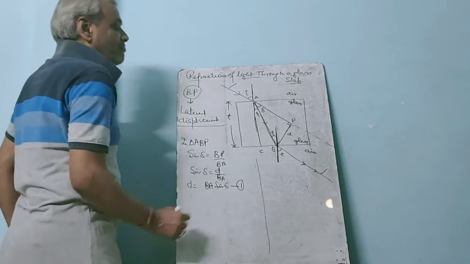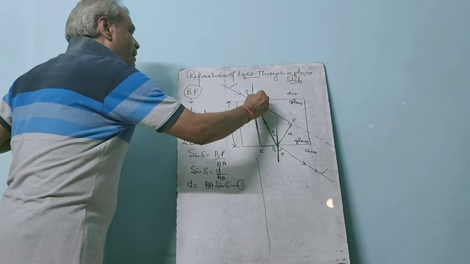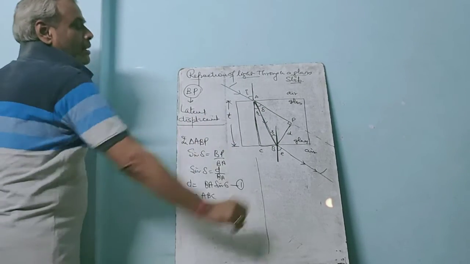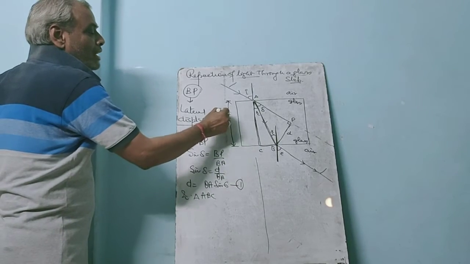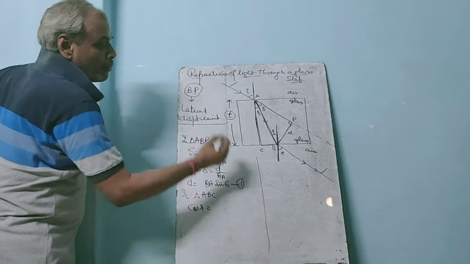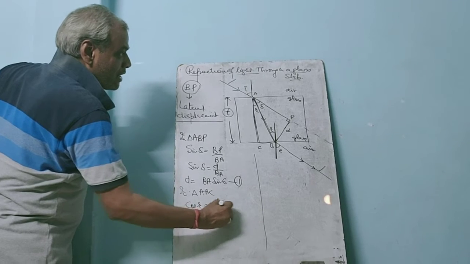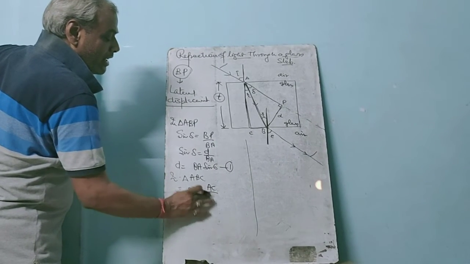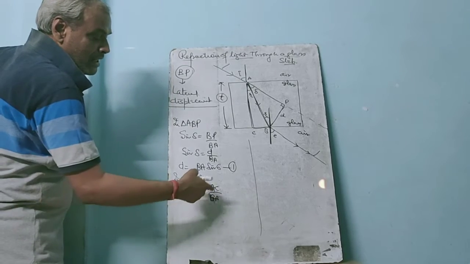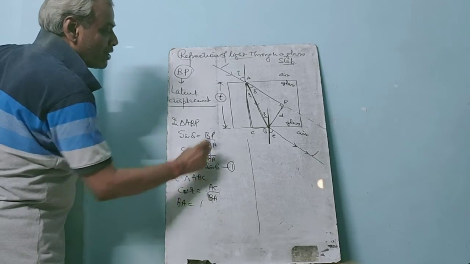Now see, again in triangle ABC, we want to relate this d and t. So here we will find the value of cos r. What is the value of cos r? Base upon hypotenuse, means AC upon BA. What is AC?